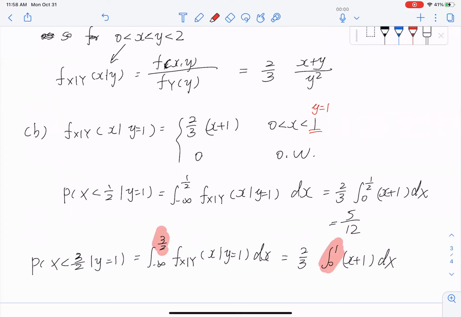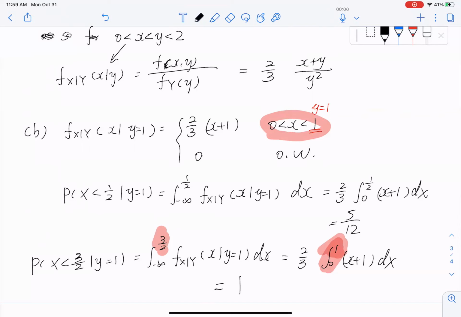We take the upper bound of x as 3/2, but since in our definition the density function for x is non-zero only when x is less than 1, when we do the integration the upper bound is not 3/2, it should be 1, right? Because when x is greater than 1, the density will be 0. So if you take care of that, it will give you the answer 1.